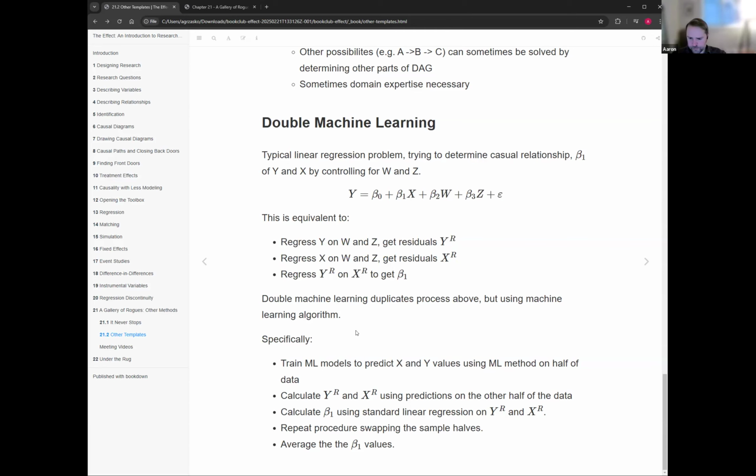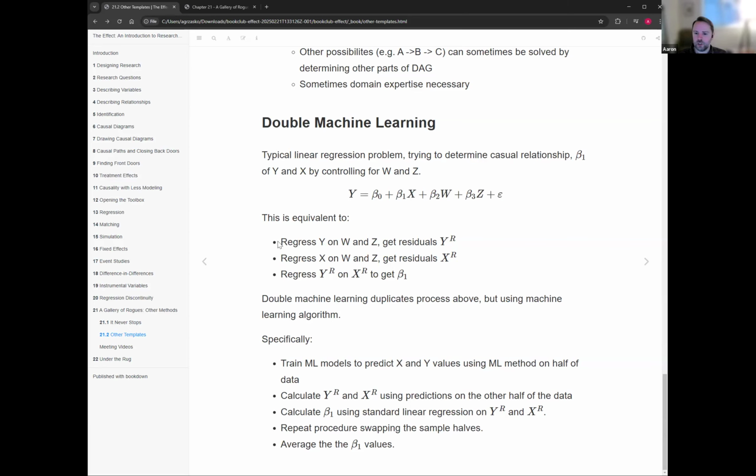And so typically you would have a data set, you split it, and in the example that he uses, you would split it into two halves, and you would train, let's say, two machine learning models, like XGBoost, a popular one for doing regression.